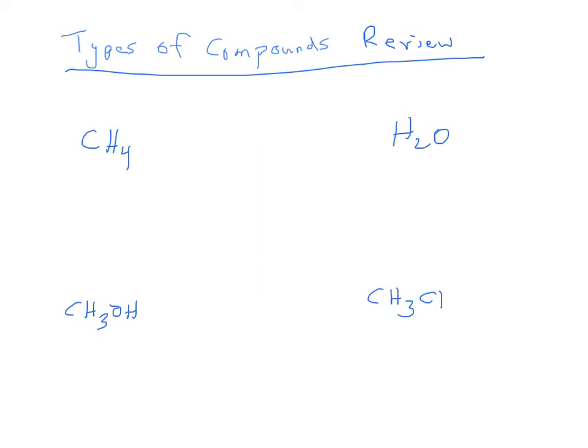I want you to pause the video and draw the proper Lewis diagram of each of these chemicals. If you need to, go back and review how to draw compounds and determine what type they are in your Unit 1 notes. After you've drawn the compounds, try to determine what type of bonds are present, what type of compound it is, and what intermolecular force it can make.